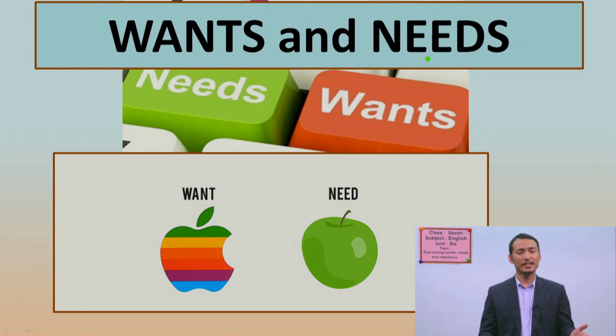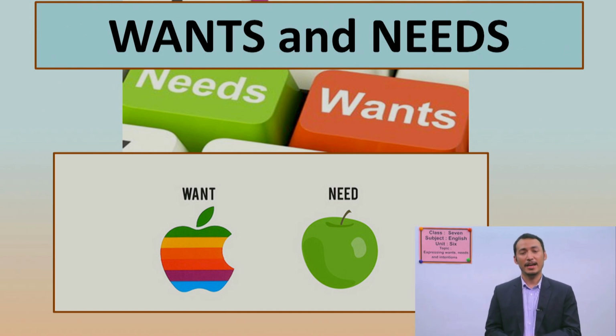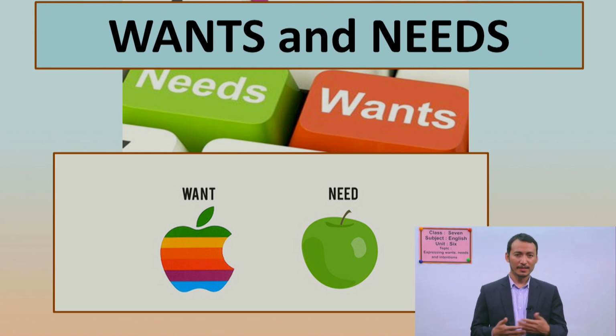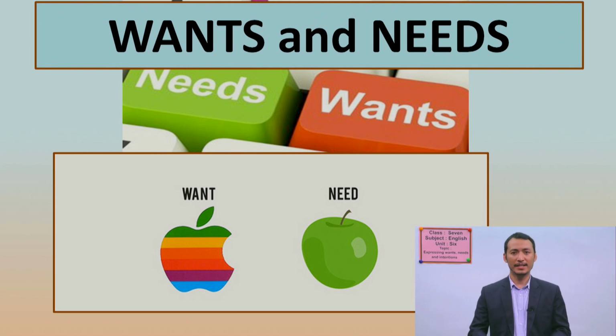Are you clear, students? Once again, basically the two words have slight different meaning. Wants mean the desire and the wish, and needs are the necessary, important things. Are you clear, students?